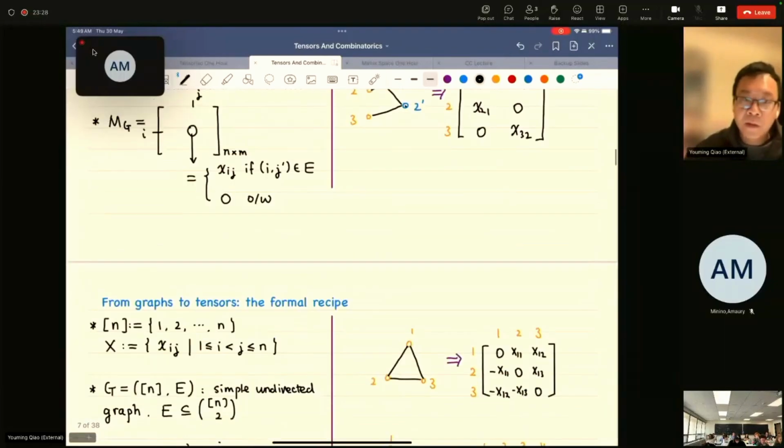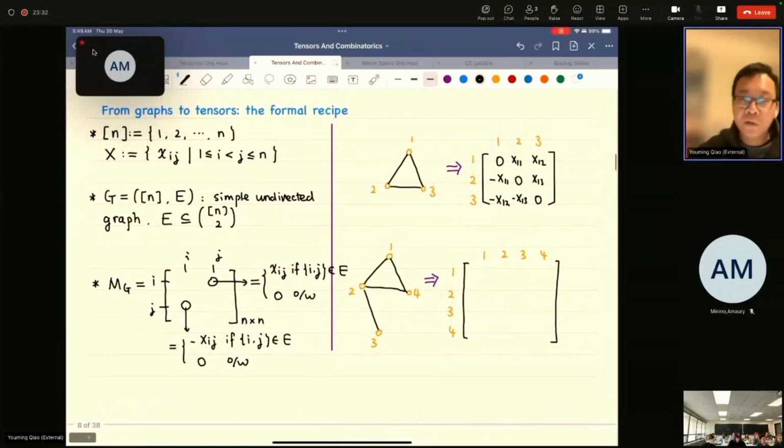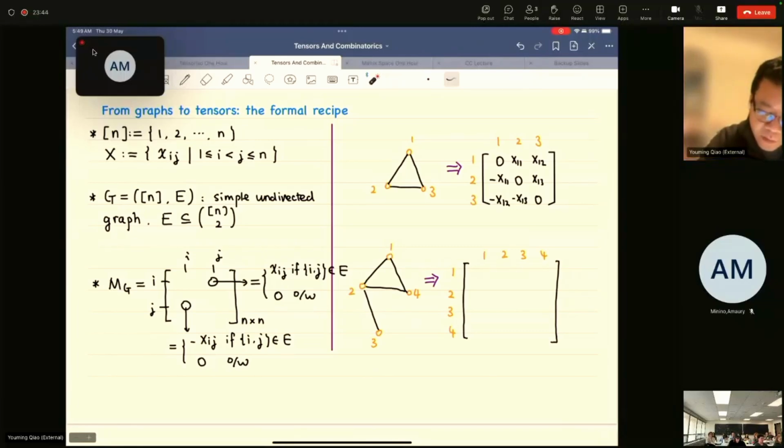And then similarly, for general graphs, you can also have such a procedure, right? And the point here is that it will be a little bit different. The variable set will be xij, where i is less than j, because you are only going to use the n choose 2 variables, right?